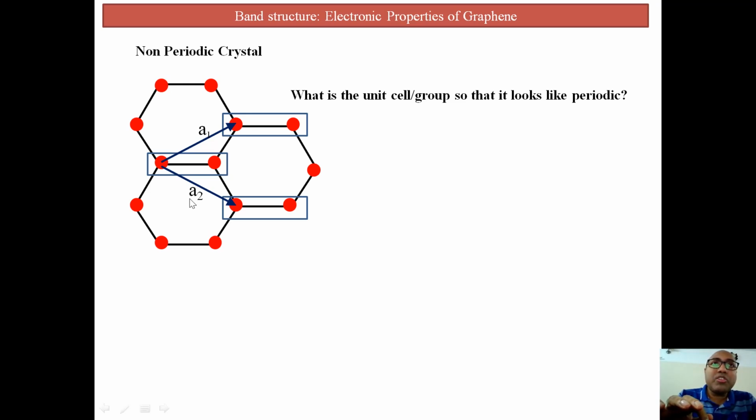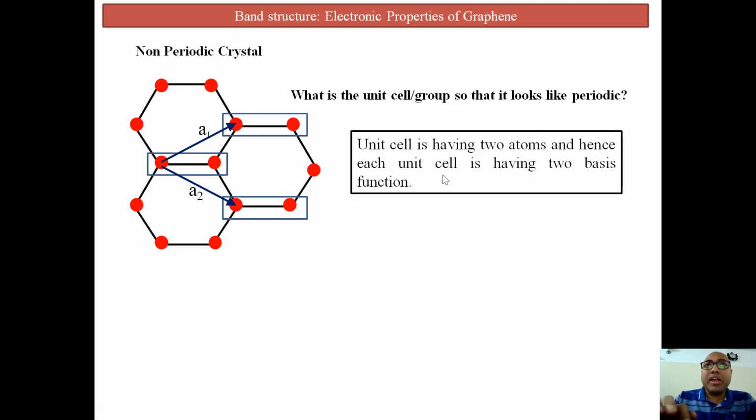Okay. Now the question is, we have to find the distance from this unit cell to this unit cell, and how to find it. Remember, the carbon to carbon distance is A0. So here I have written that the unit cell has 2 atoms, and hence each unit cell has 2 basis functions.